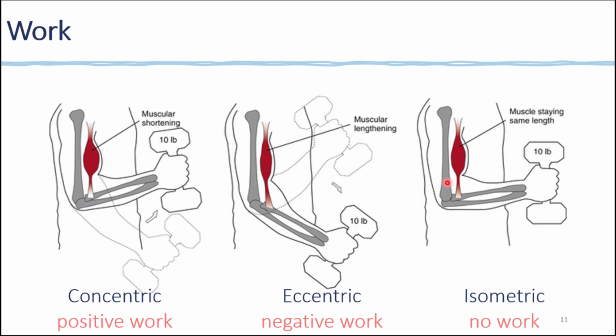So picture yourself just holding this 10-pound weight in the air. You're producing a force to be able to just keep that weight up there, but your muscle is not actually lengthening or shortening. It's just staying the same. So that's called an isometric contraction. And because there's no displacement, there's no mechanical work being done.